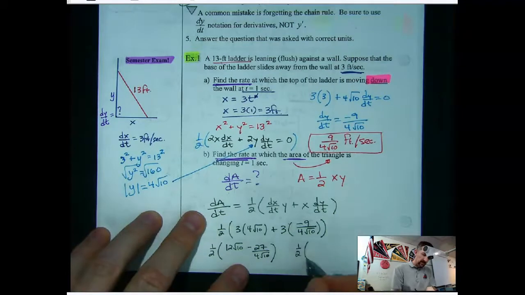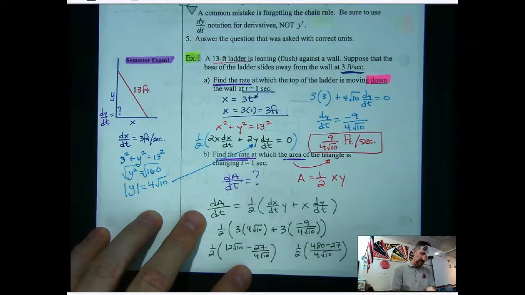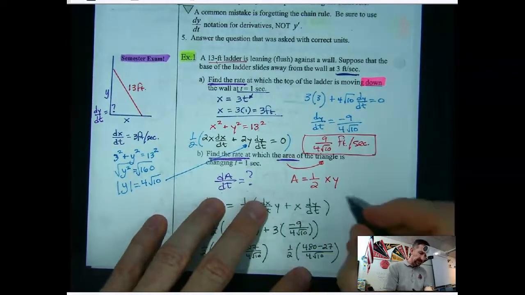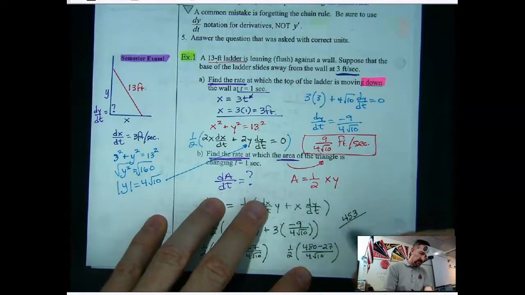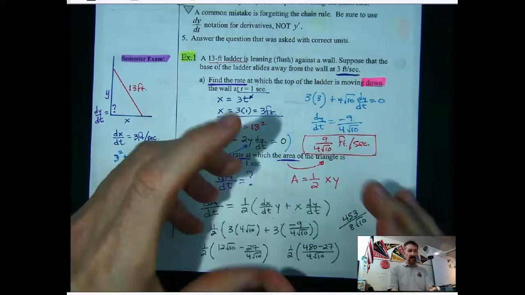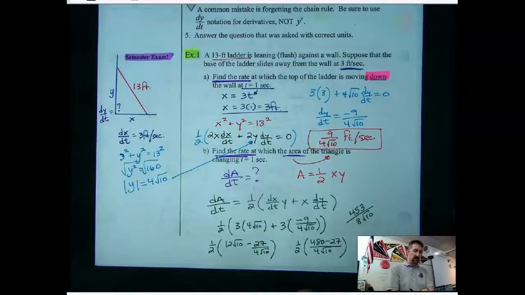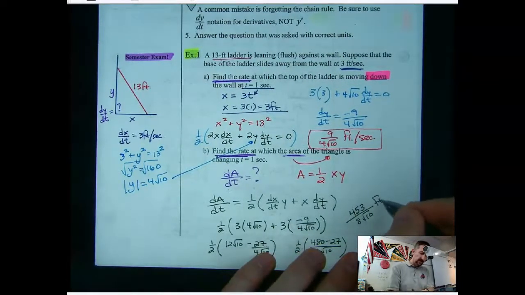So that would be 480 minus 27 over 4 root 10, getting a common denominator. And then finally, probably just distribute that in there and subtract that. So that's going to be 453 over 8 root 10. Now think about it. You're asking the change of the area. So the change of the area is going to be measured in feet squared per second.